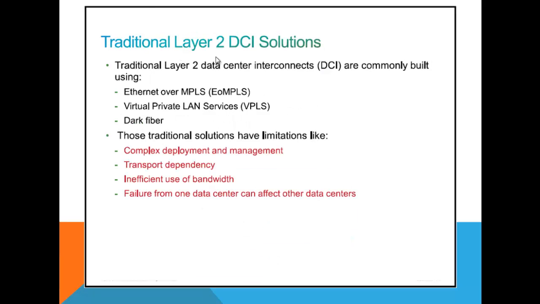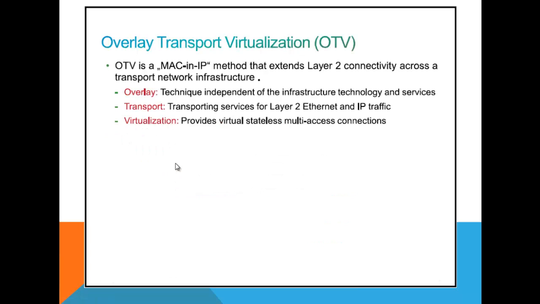There were a lot of problems we were facing because of Ethernet over MPLS, virtual private LAN services. This is also a layer 2 VPN or dark fiber. These were all there before OTV. Whatever OTV does for us now, these technologies were doing for us, but with some limitations. Those limitations are no more in OTV.